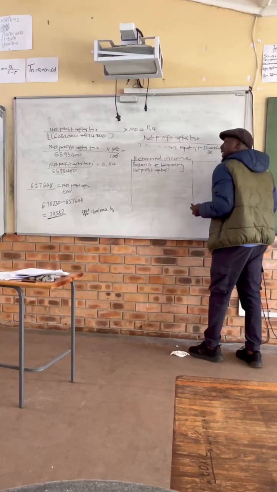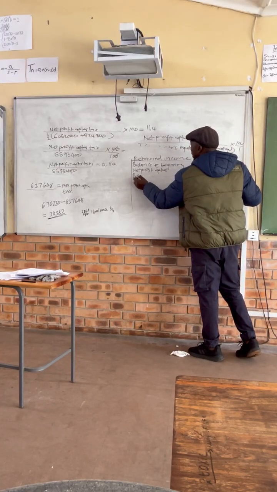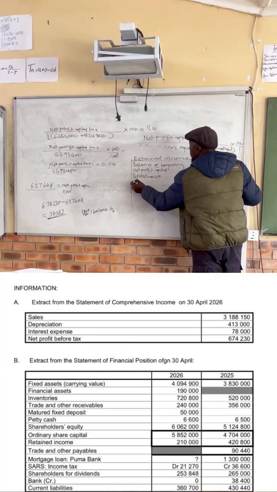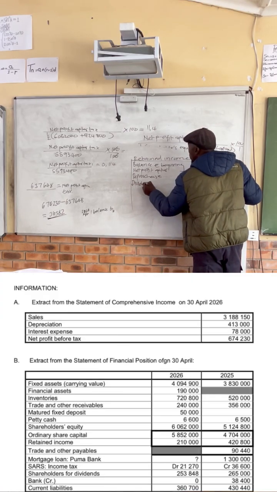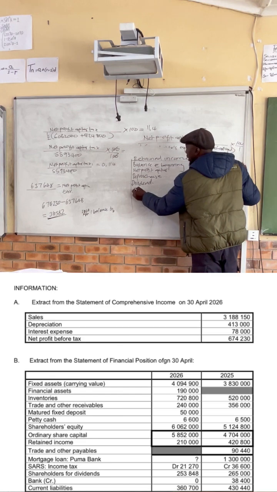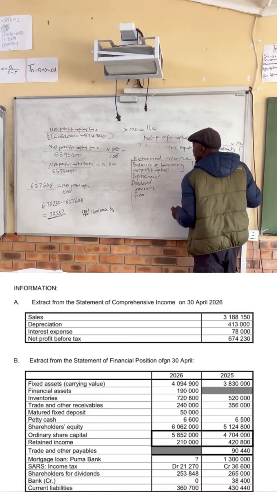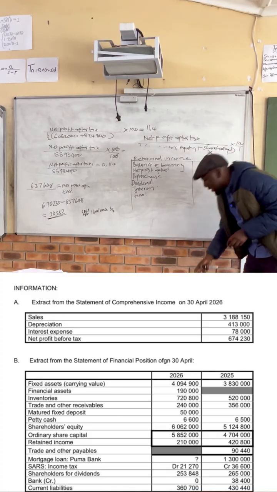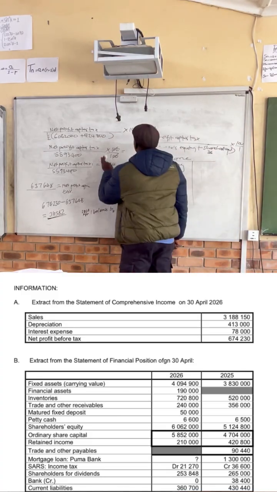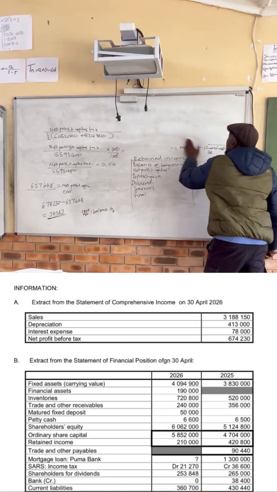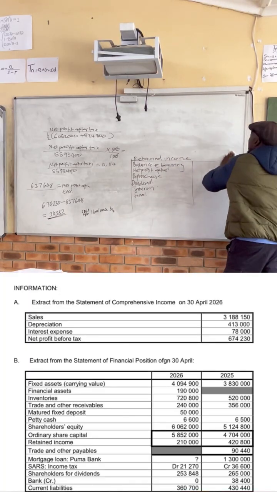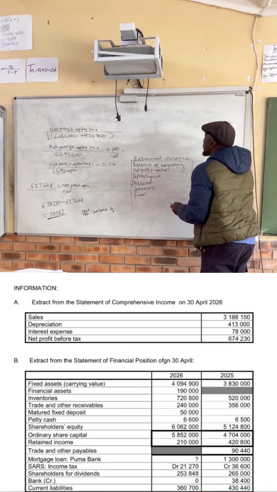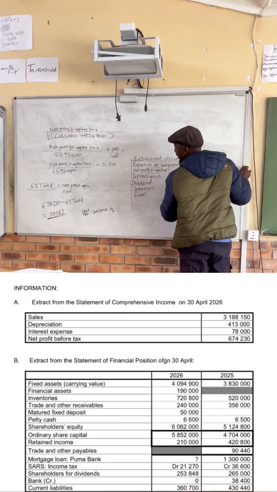Then repurchase. Then we have dividends. Under dividends, what do we have here? Interim, good. And then what else? Final. Now, this one is paid, the interim. We are looking for interim because we know the formula: to calculate the dividend paid, we must have our interim and then we add our shareholders for dividend.